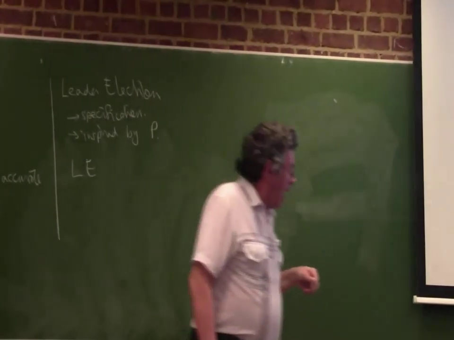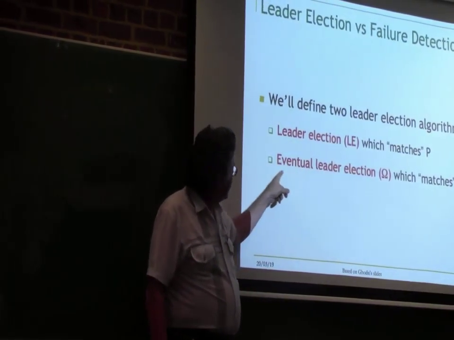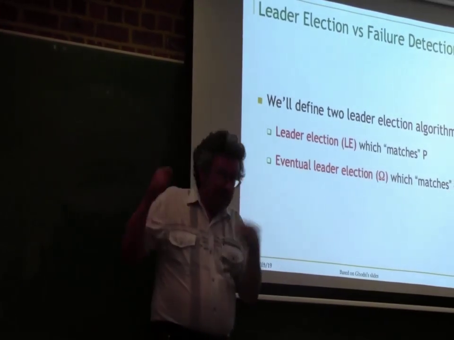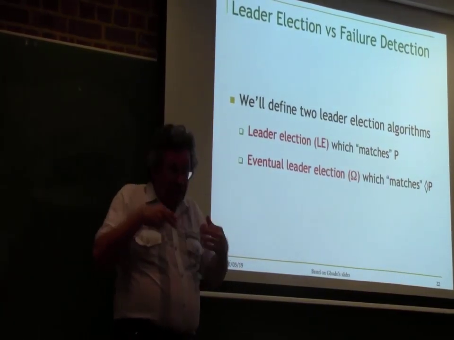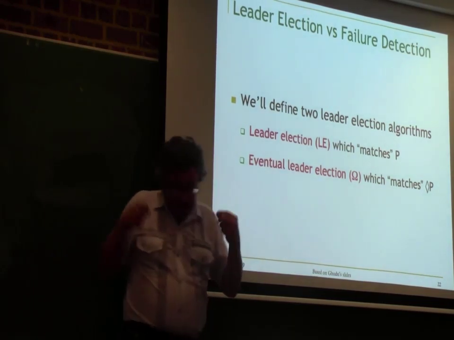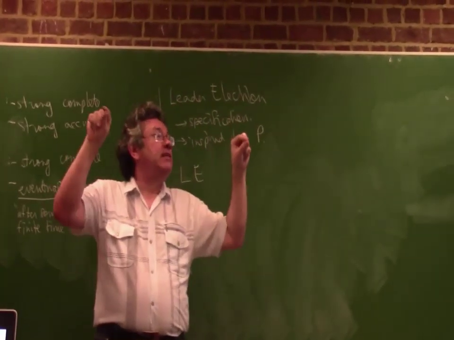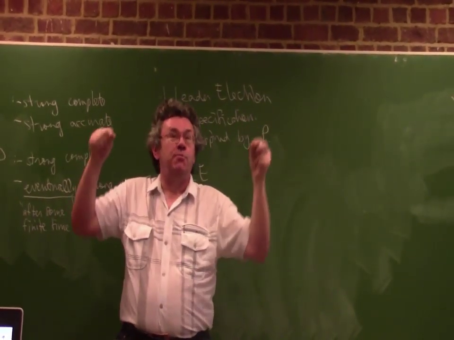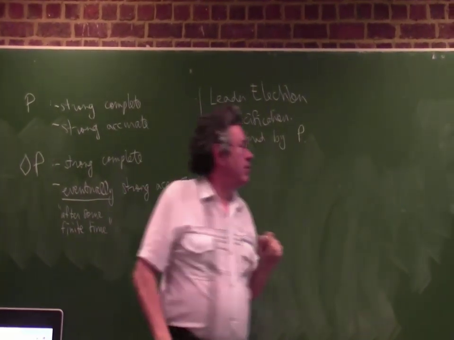And then there's eventual leader election, which is allowed to make mistakes in picking the right leader, but eventually it has the same leader. It means that maybe in the beginning two nodes pick different nodes as the leader, so it's like a mistake. They're supposed to have the same leader, but eventually they will.